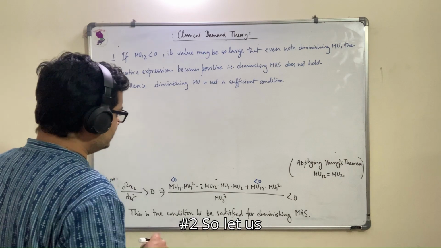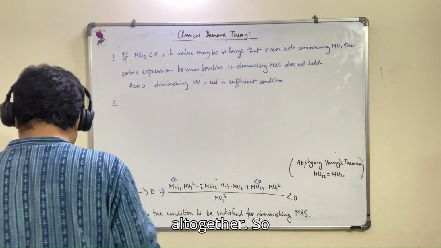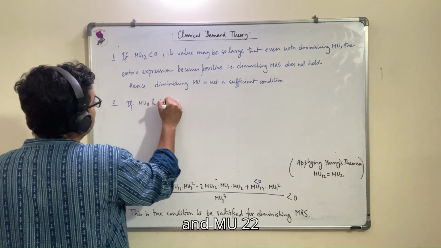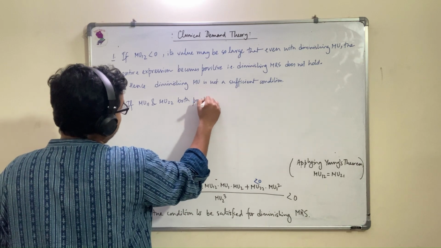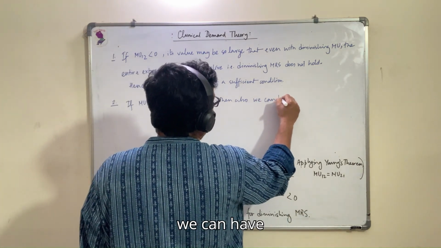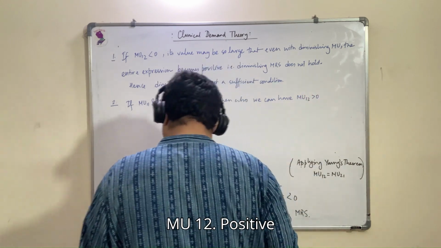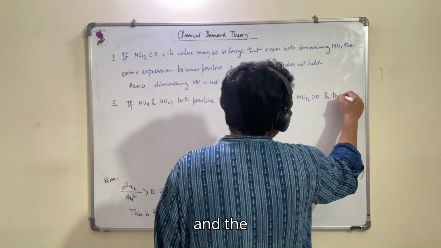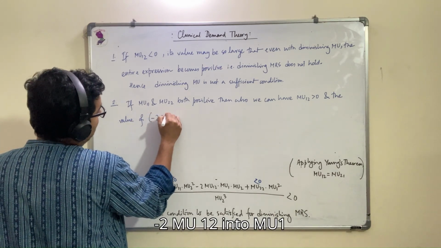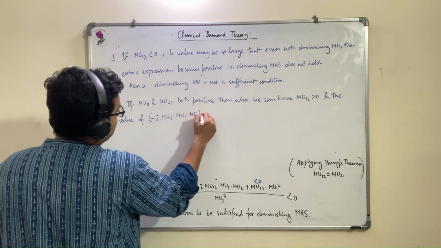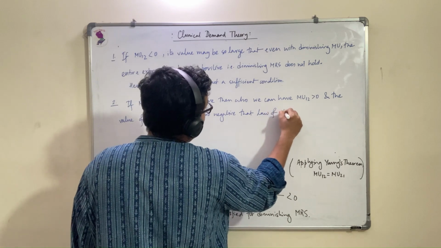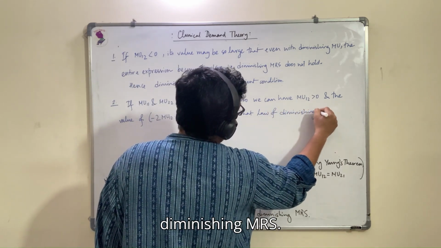Number 2. So let's do away with this diminishing MU altogether. So if MU11 and MU22 are both positive, then also we can have MU12 positive, and the value of minus 2 MU12 into MU1 into MU2 so negative that the law of diminishing MRS holds.